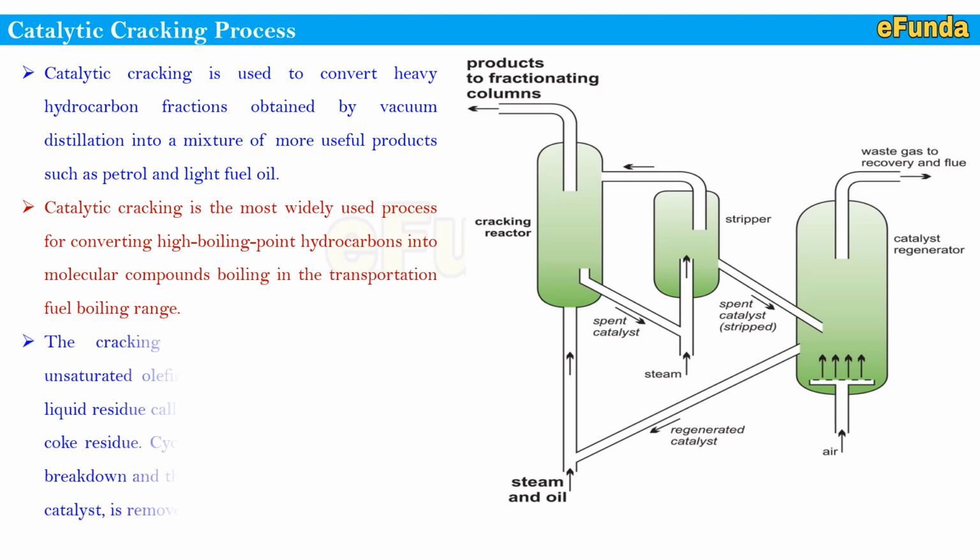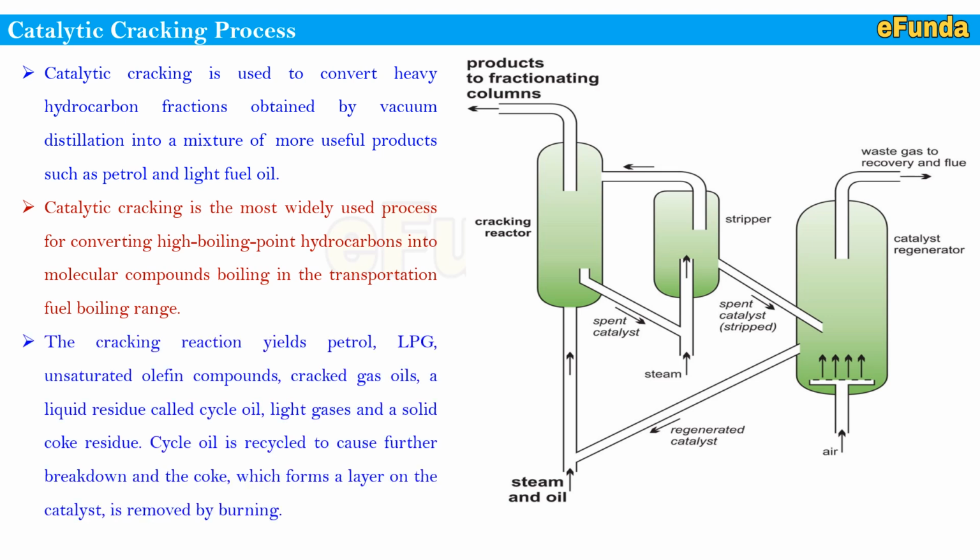The cracking reaction yields petrol, LPG, unsaturated olefin compounds, cracked gas oils, a liquid residue called cycle oil, light gases, and a solid coke residue. Then the cycle oil is recycled to cause further breakdown, and the coke, which forms a layer on the catalyst, is removed by burning the fuel.